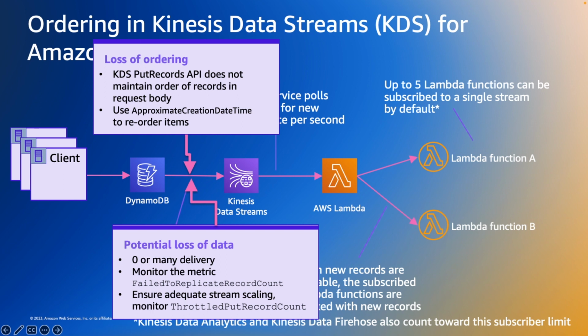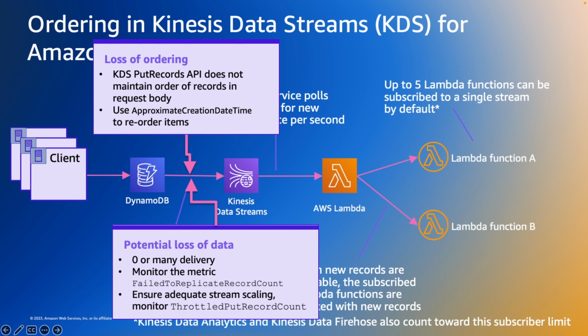In the event that we're unable to replicate an item into Kinesis data streams, we will publish a fail to replicate record count. We will attempt to write items where possible for up to 35 days. After that point, we will stop trying to write the item into the stream. The reason why we may fail to replicate items is because of the payload size limitations in the records for Kinesis data streams.